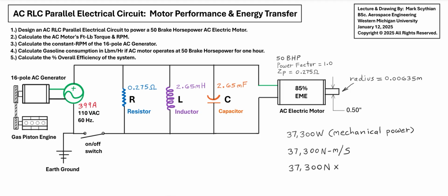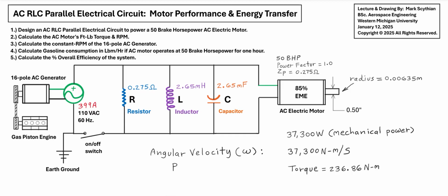So we're able to take the 37,300 newtons, multiply it times the meter's radius, to then solve for the torque value at a constant RPM. So in this case it's 236.86 Newton meters of torque at some RPM.